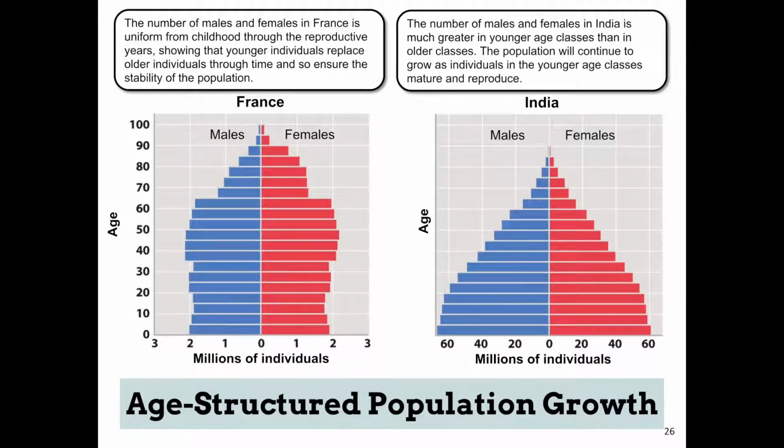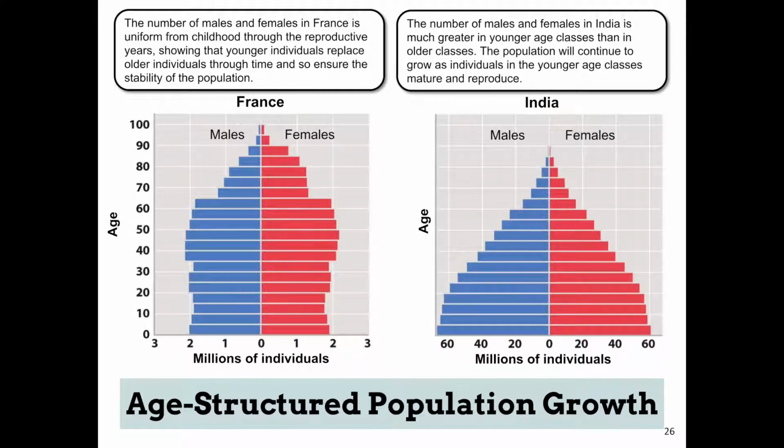What we see here are what are called age-structured population growth diagrams, or age diagrams. And not all organisms in a population will contribute equally to growing that population because some organisms are more likely to reproduce than others.